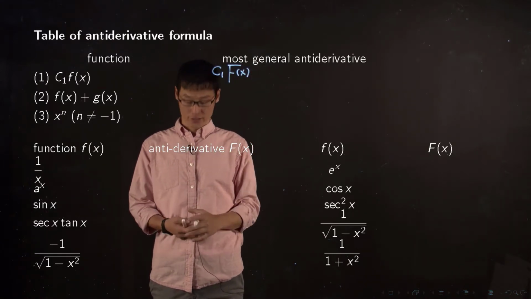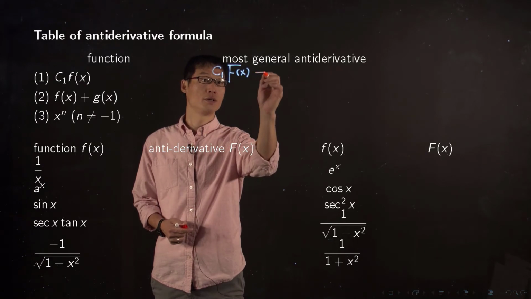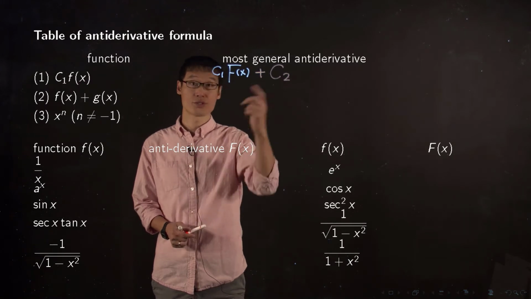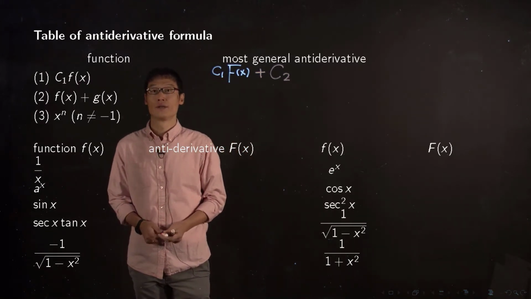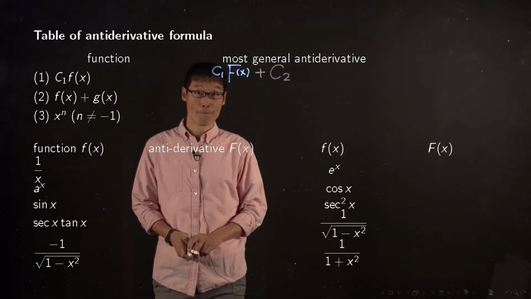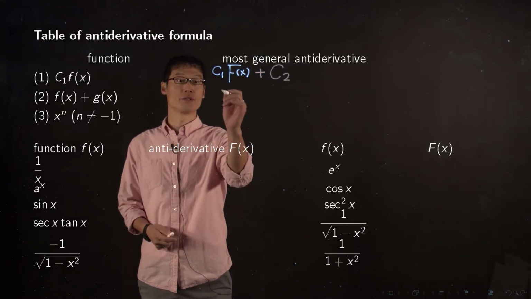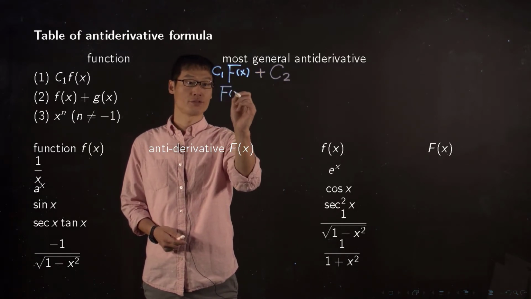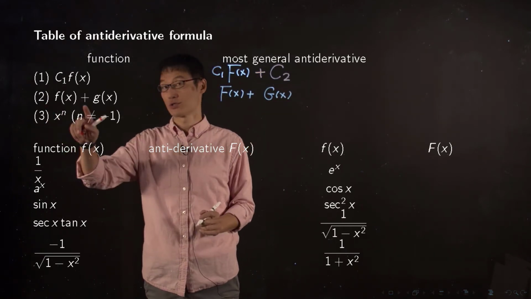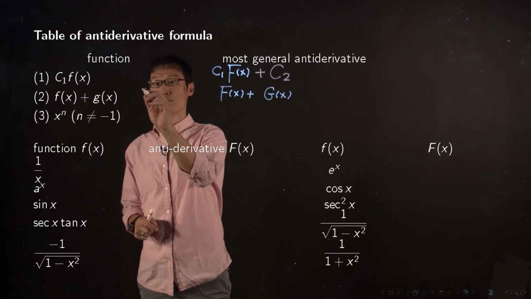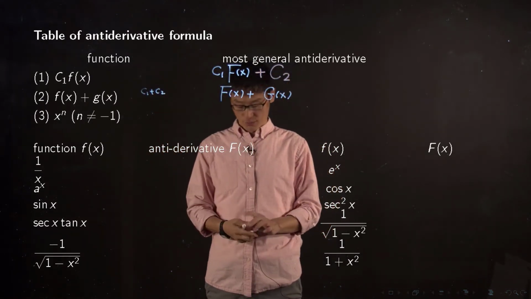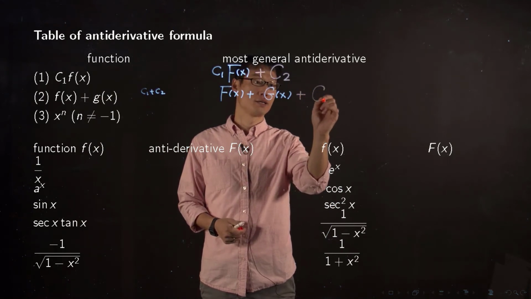If you want to write the most general antiderivative, you want to put a constant as well. For the second, antiderivative of sum is sum of antiderivatives. So f plus g. For each function, you may have c1 and c2, c1 plus c2, but this is yet another constant. You can replace that by a single constant.